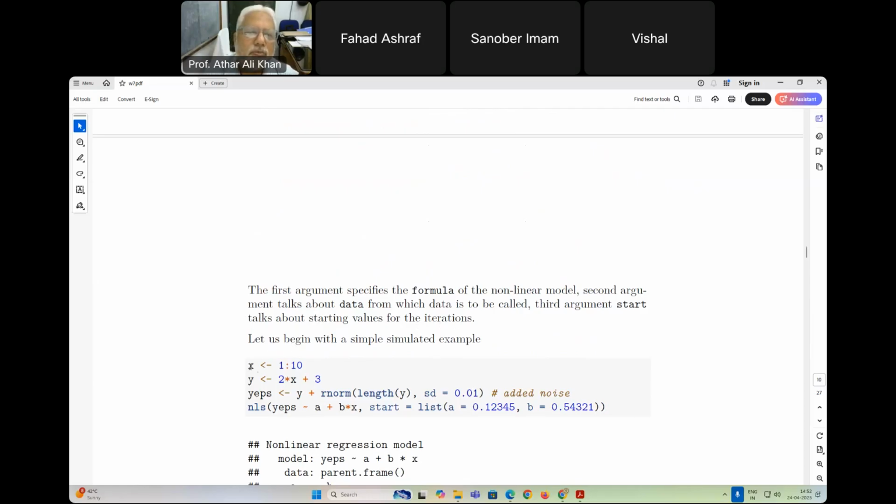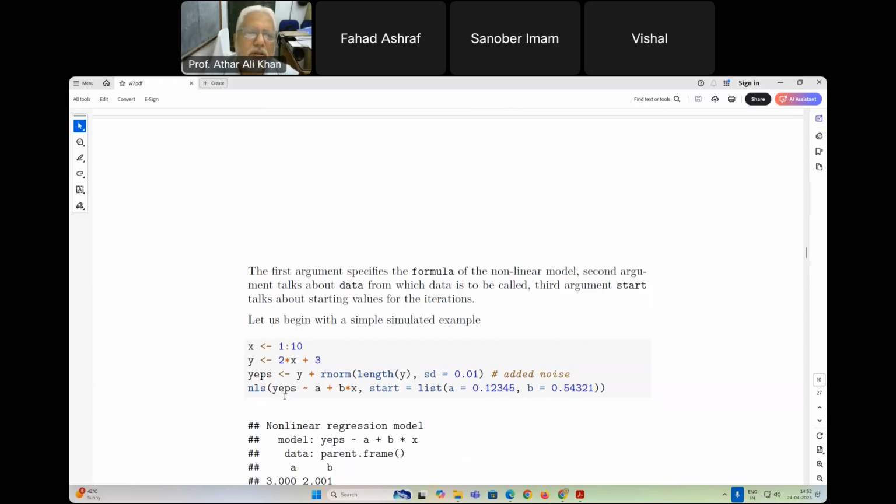Let x equal 1 to 10, and y equal twice x plus 3. This is the response, y, and we compute the length of x. Then NLS of y versus a plus b x, with start equal to a, starting value 1, and b, starting value 1.